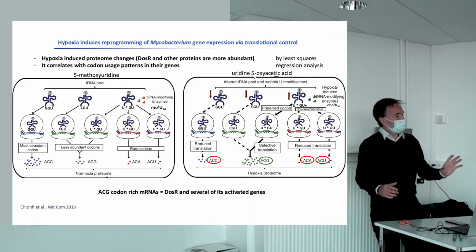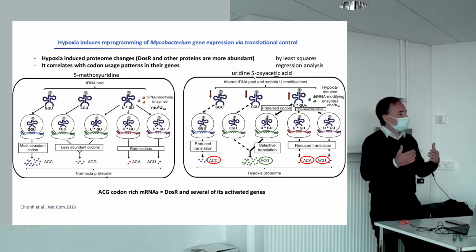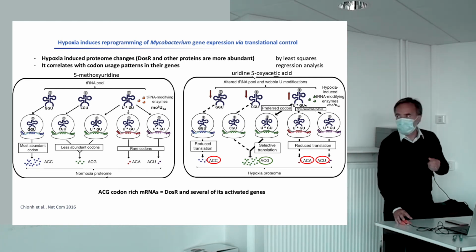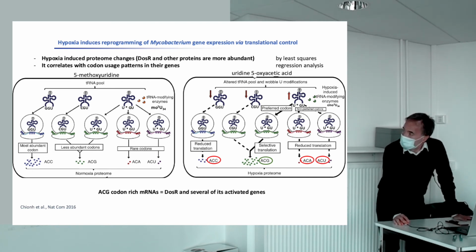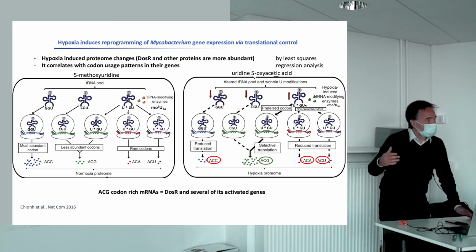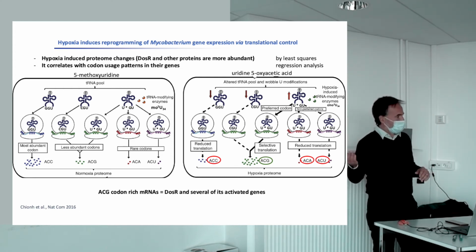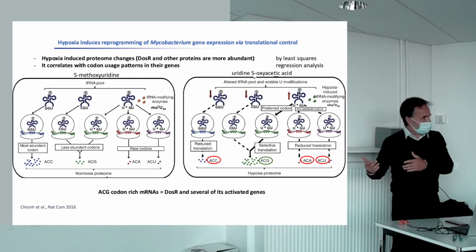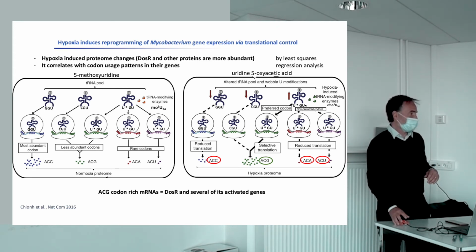So DosR is the response regulator for the hypoxia that is accumulating because of these differences in the tRNA modification state. I give you more details about this because I found this very interesting, because it is really linking the stress, the tRNA modification, the translation, and the outcome, the response to the stress condition.